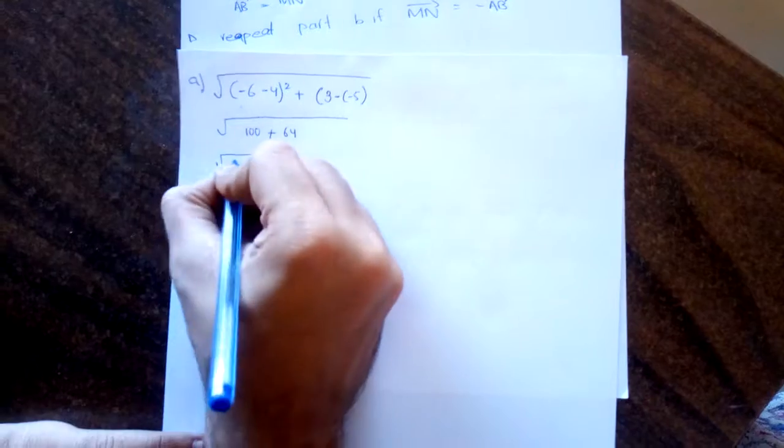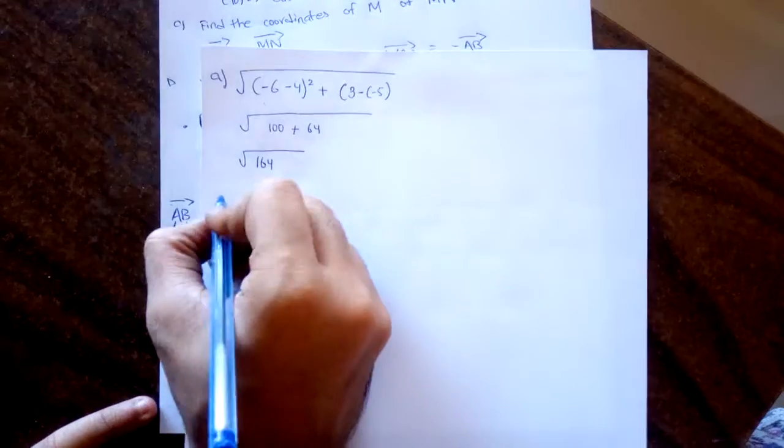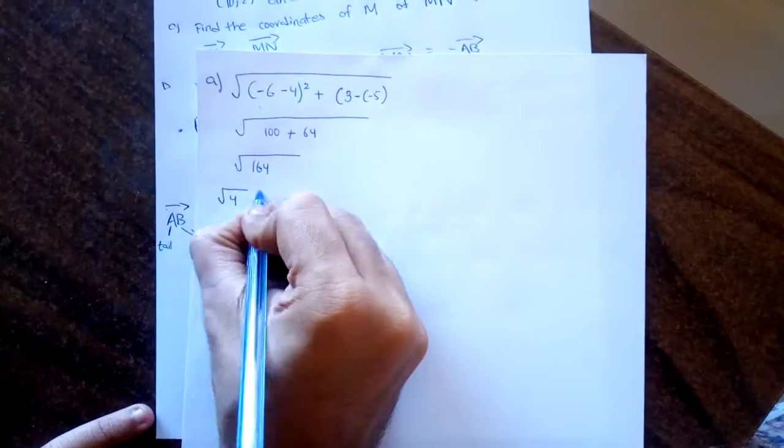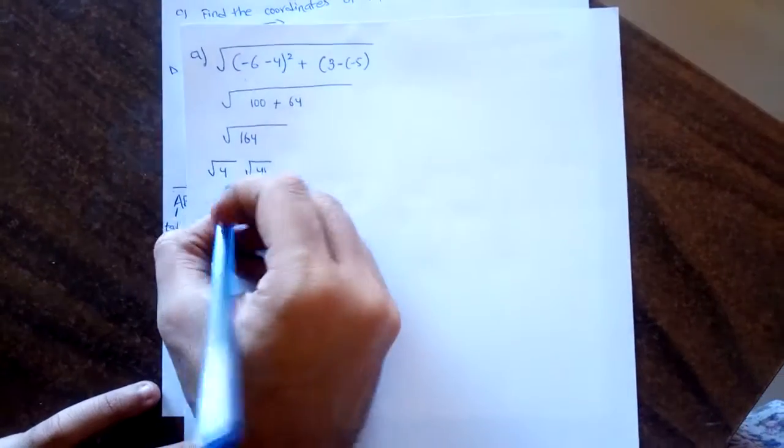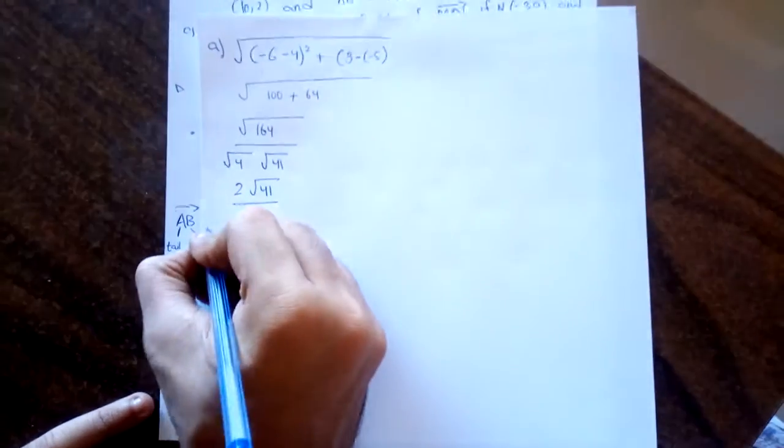So then it will become square root of 164. But if you want to further simplify it, it can be like this, and the square root of this one is 2, so it can be like this, but even this one is okay. Let's do the other part now.